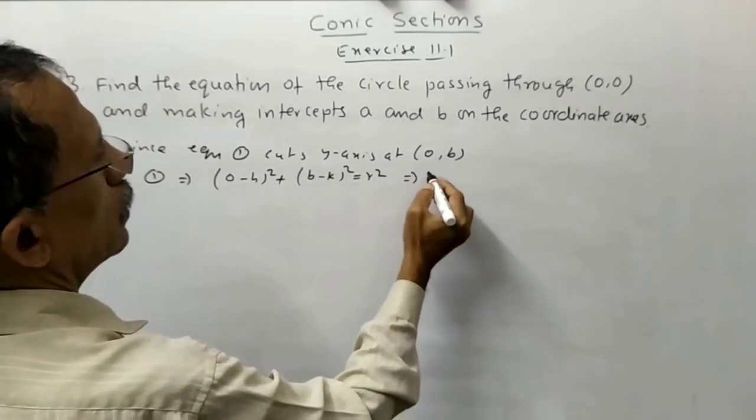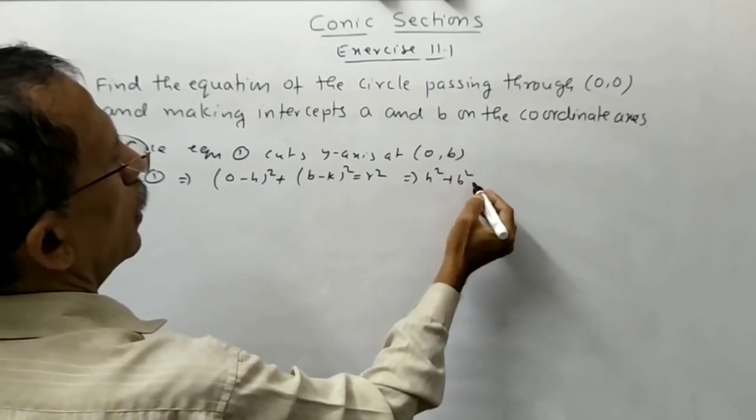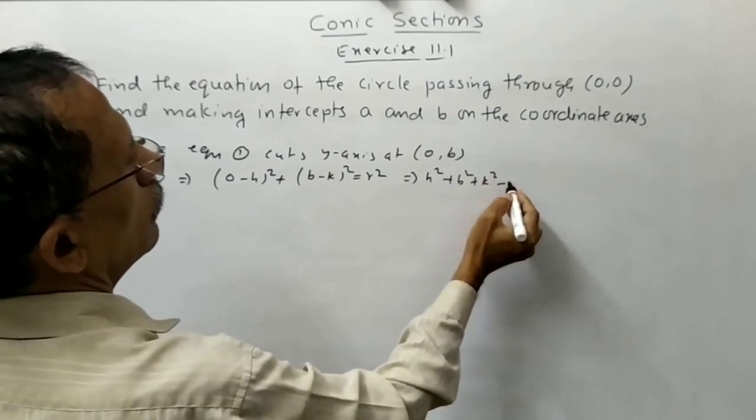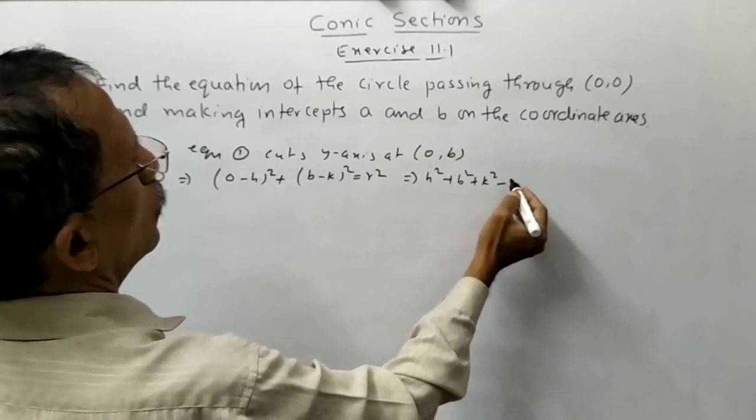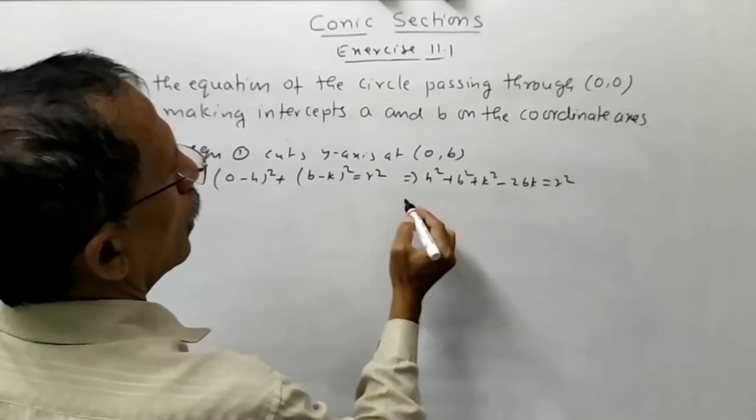This implies h square plus b square plus k square minus 2bk is equal to r square.